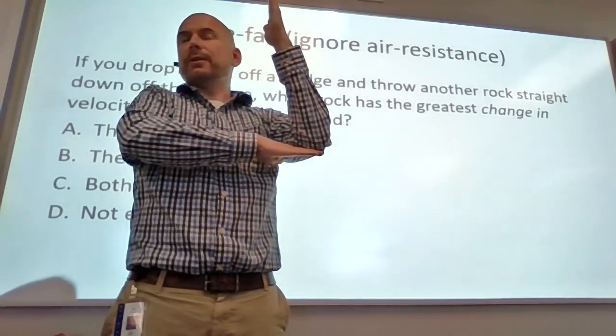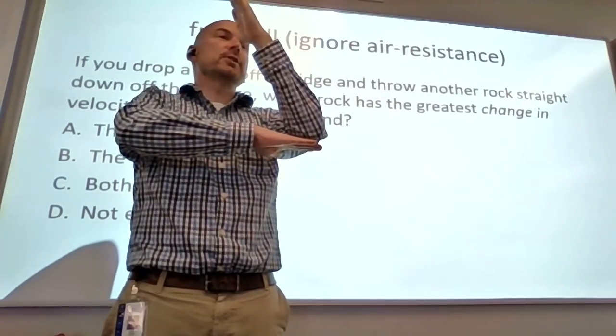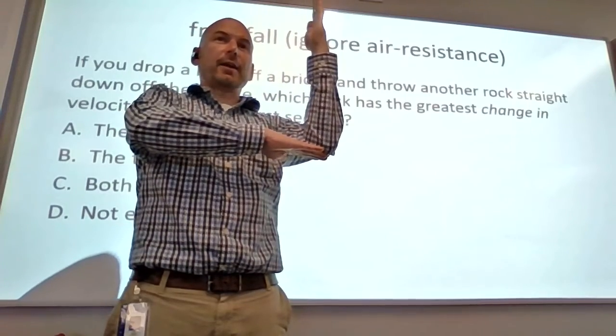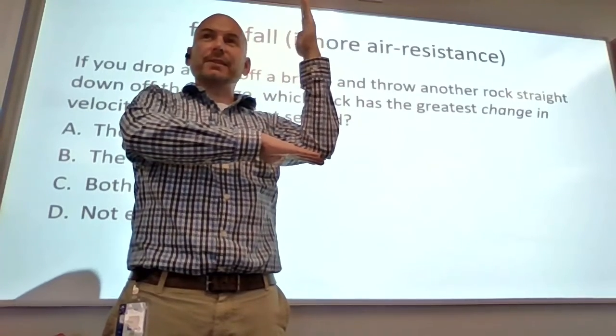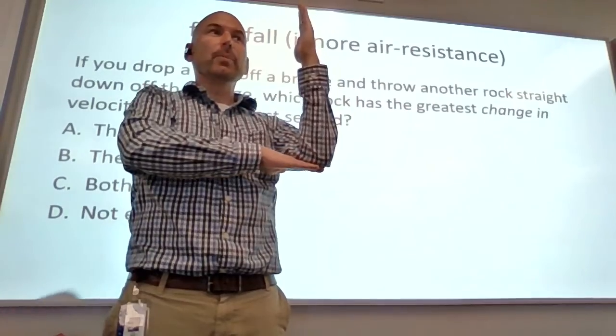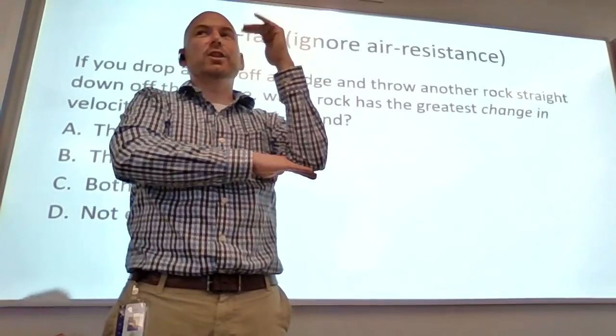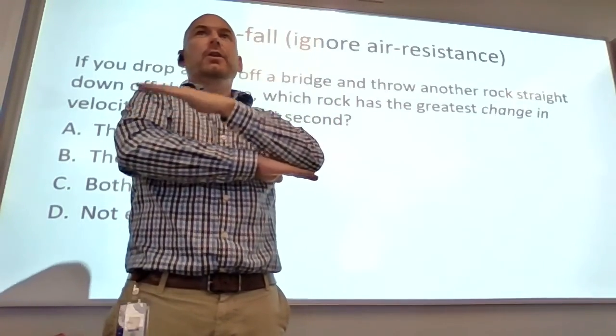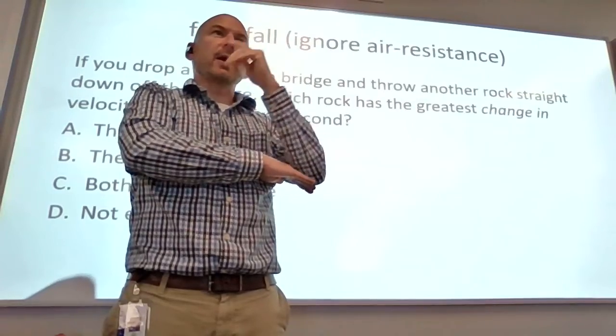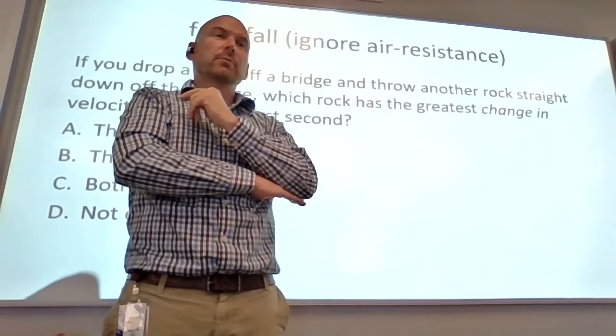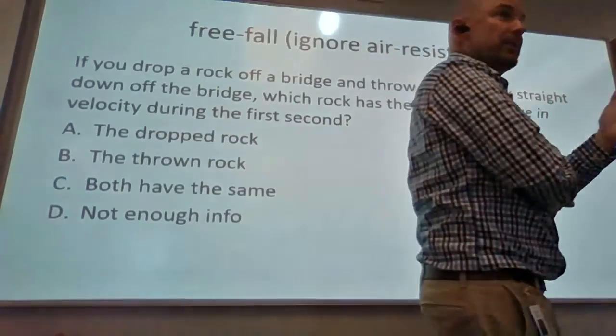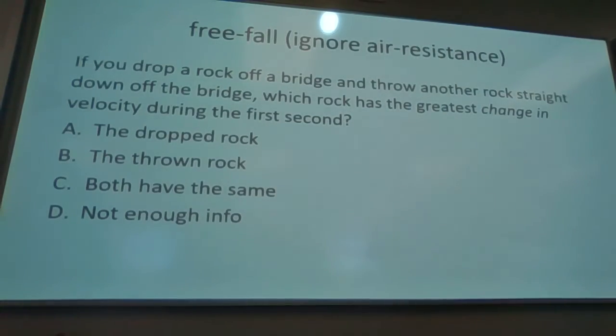The thrown one, I'm going to make this value up, goes from 30 meters a second to 40 meters a second in that 1 Mississippi. Both experience the same change in velocity during that time interval. Okay, they have different final speeds. Yes, the thrown one is definitely going faster, but they both experience the same rate of change because only the force of gravity is acting on them.